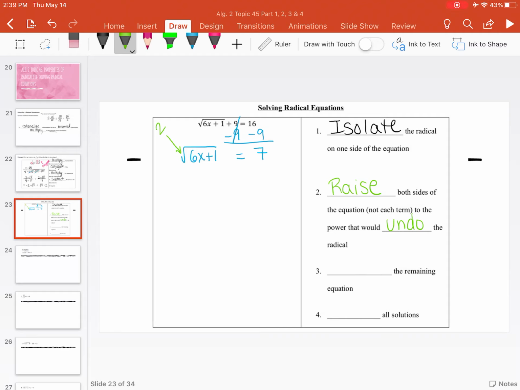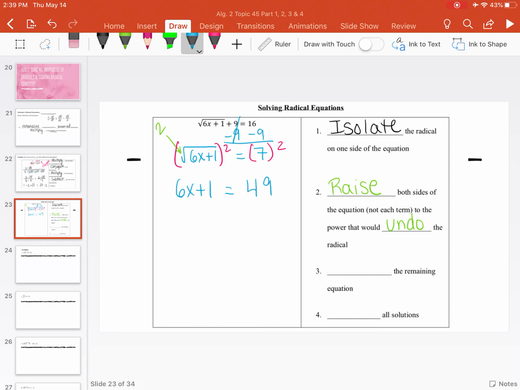What would undo a square root would be squaring both sides. So I'm going to square both sides of my equation. Now, square root and squaring undo each other, so all I'm going to be left with is this radicand, the 6x plus 1. On the right-hand side, I have 7 squared, which is 49.